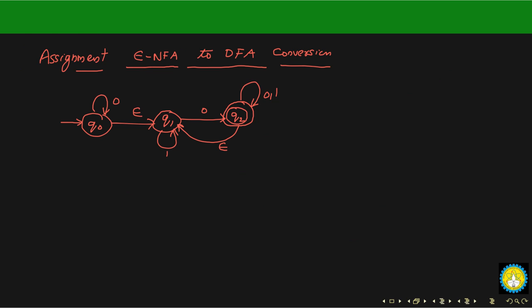Now, as an assignment, you can try this question. Okay, so you are given an epsilon-NFA, and you have to convert this into an equivalent DFA. So this question will be available in Moodle. The assignment on epsilon-NFA to DFA conversion will be available, and there you have to submit this assignment.